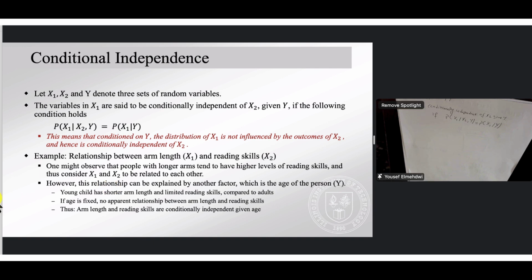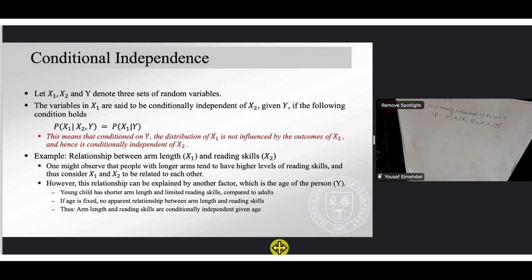So when age is taken into account, you can think, at the beginning, a younger child typically has shorter arms and limited reading skills compared to an adult. But if we fix the age, there may not be an apparent relationship between the arm length and the reading skills.